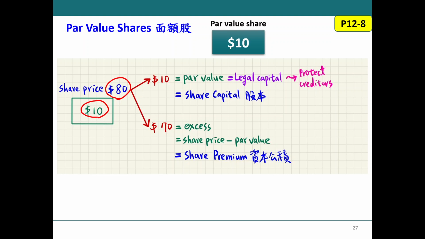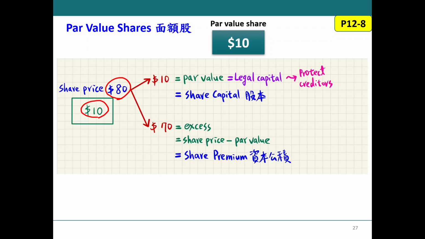Okay? So the remaining amount is $70. What is this remaining amount? Share price $80 minus par value $10. So the remaining amount, $70, is the amount above your par value. We give you another account. We call it share premium. Okay? So right now you should understand that for share price $80, you should classify it into two parts.